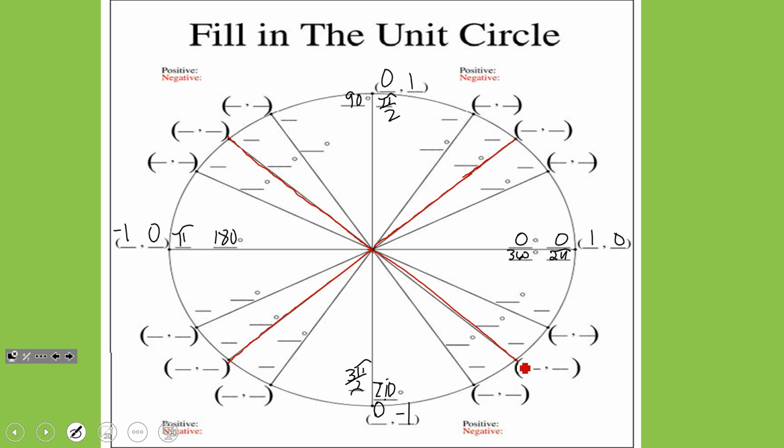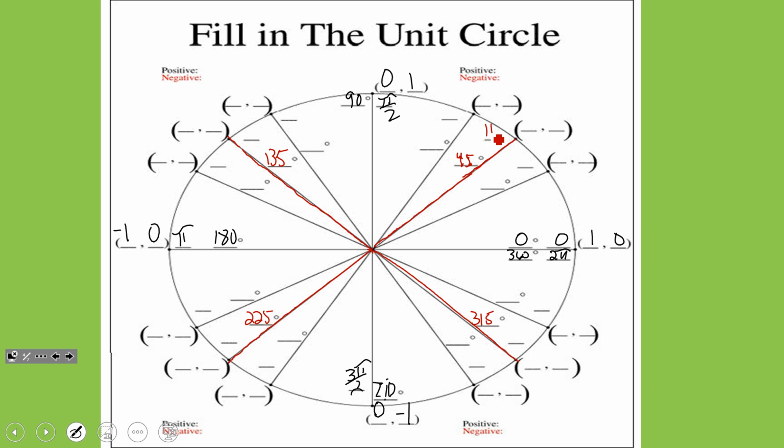So here's what I'll tell you. As far as memorizing this, you need to know your degrees all the way around. So this will be 45. This will be 135. This one is 225. And this one is 315. And then you need to know your radians.